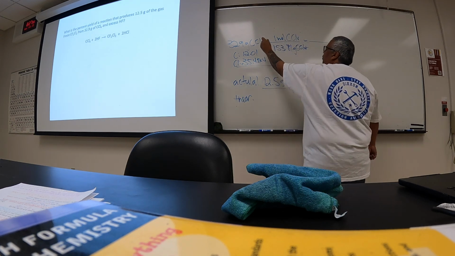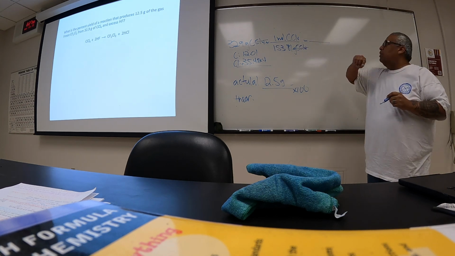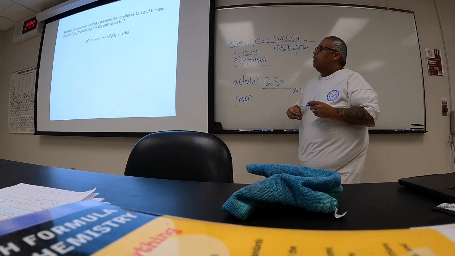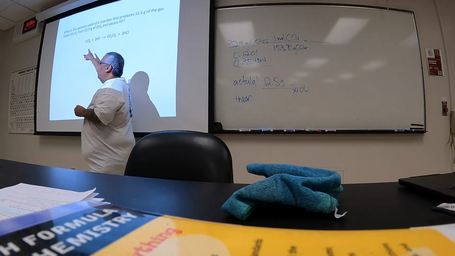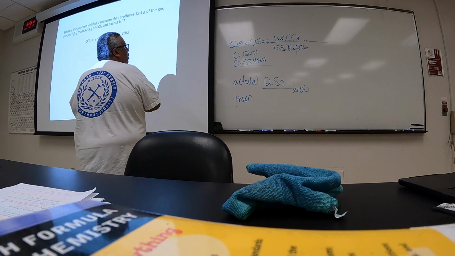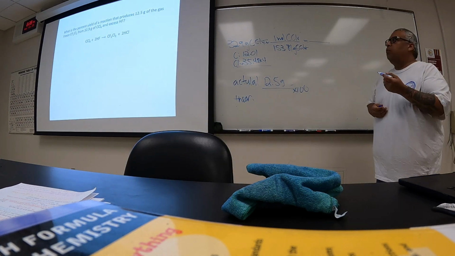I'm going to cancel these units out now. So we're at moles of carbon tetrachloride. We need to convert this into moles of this. And we see here, what's the ratio between those moles? It's a 1-to-1 ratio.